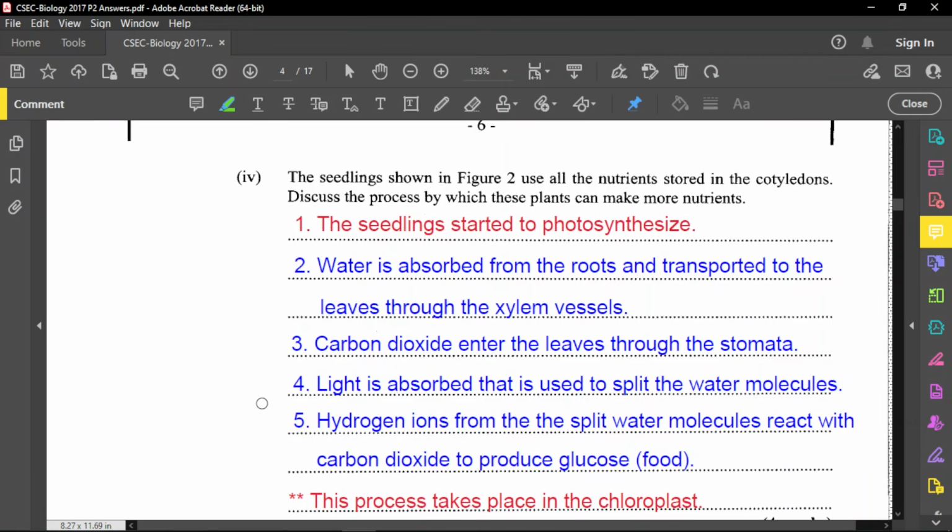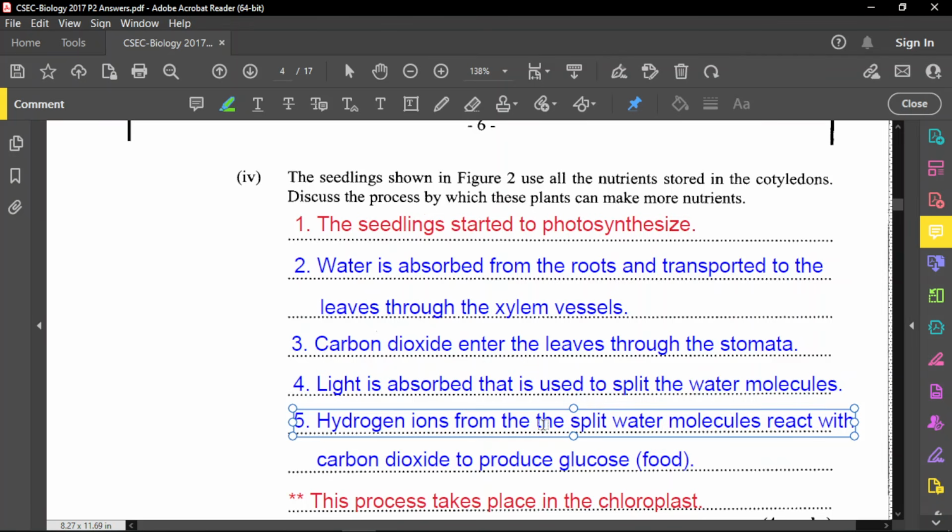These are just points as a guide to help us answer the question, so you can actually expound on these points, right? And so the light is needed now to split water molecules, and when water molecules are split, what you get is hydrogen ions and also oxygen.